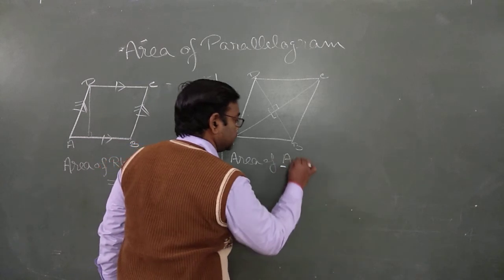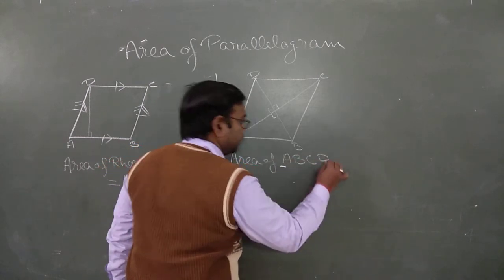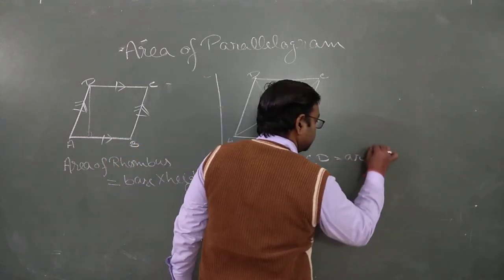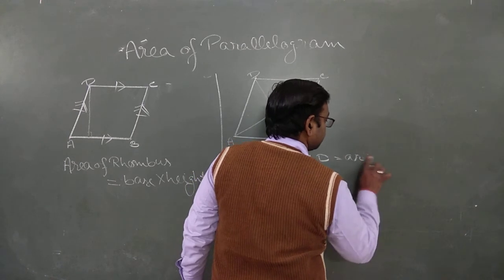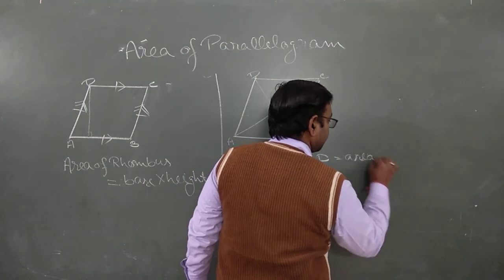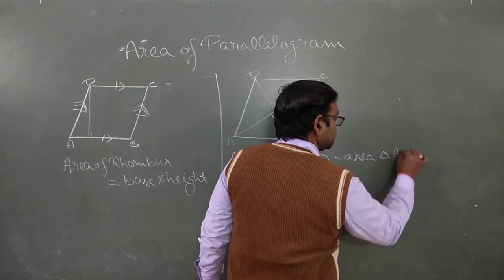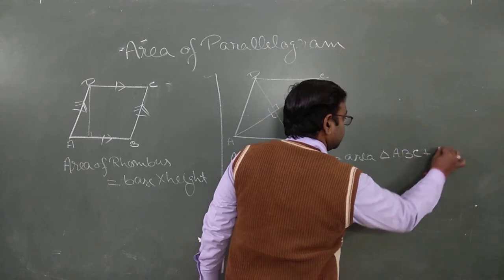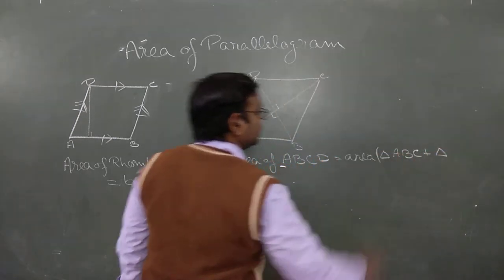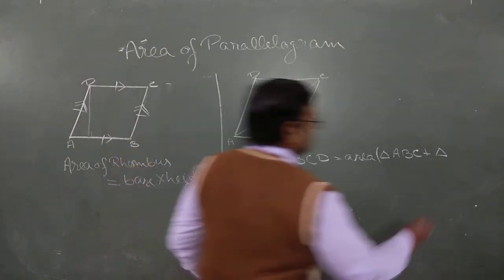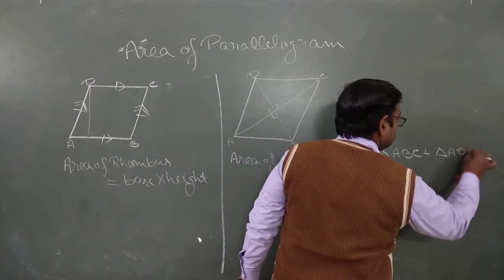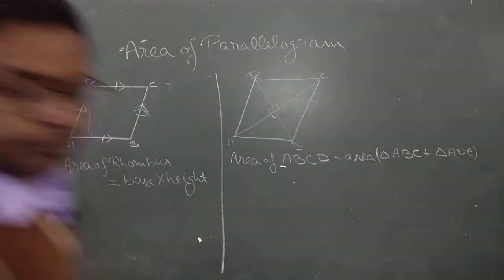So if we try to find out the area of figure ABCD, we can easily write down area of triangle ABC plus triangle ADC. Clear?